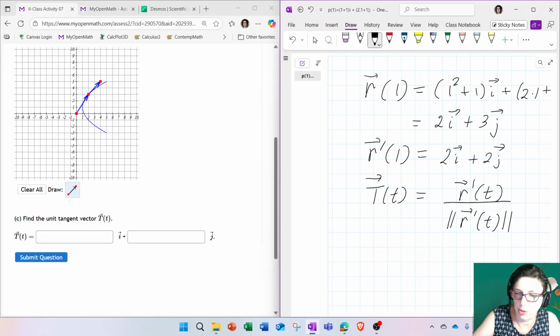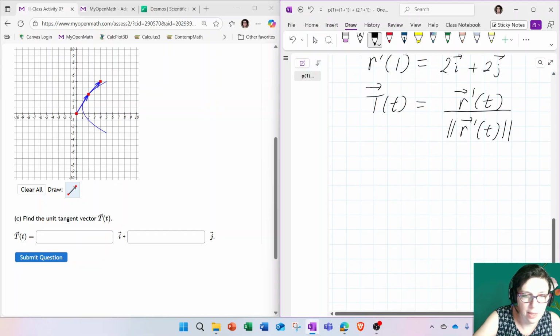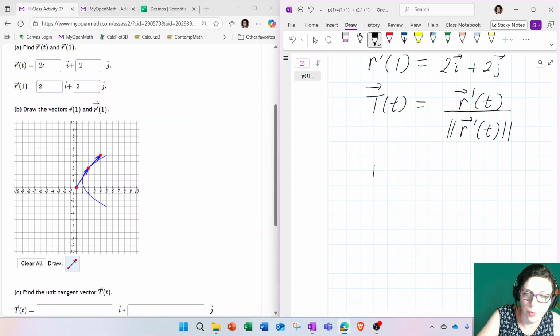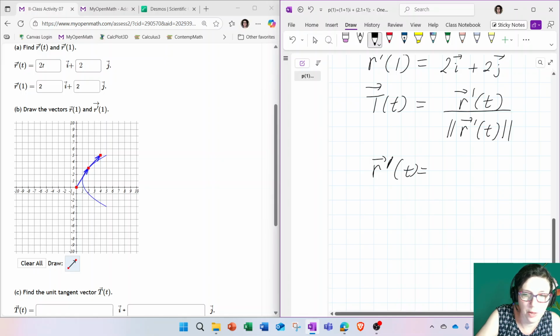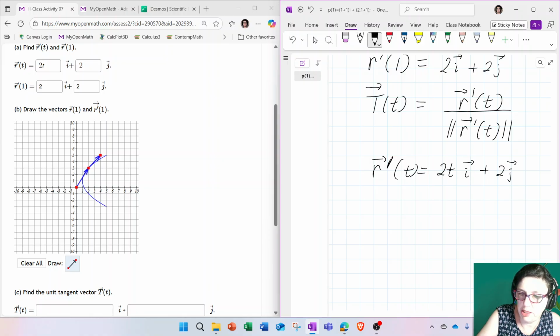All right, so let's take the r prime, which, in general, not at 1, was 2t i plus 2 j. Let's find its magnitude. Everybody knows how to find the magnitude, right? We take the square root of the first component squared.